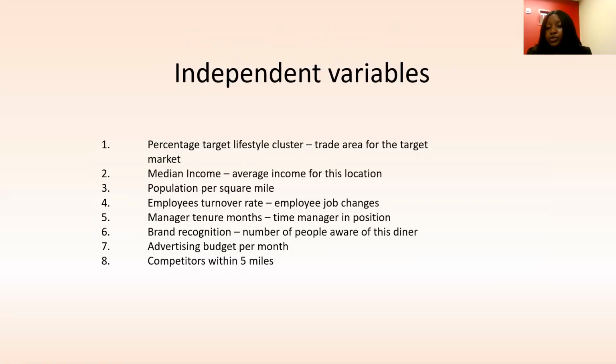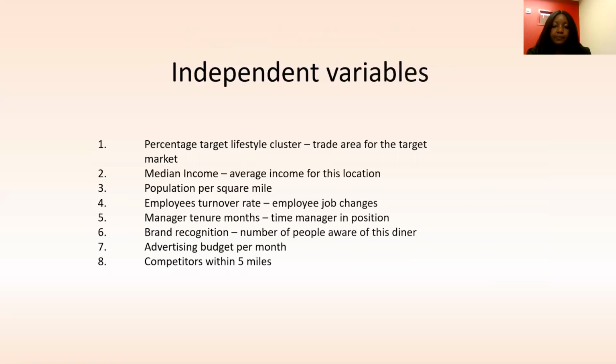The more competition we have, the lower the sales will be. So all these variables will have to be included in deciding which new location to open a diner. And these are geographical and environmental aspects that affect sales directly or indirectly.